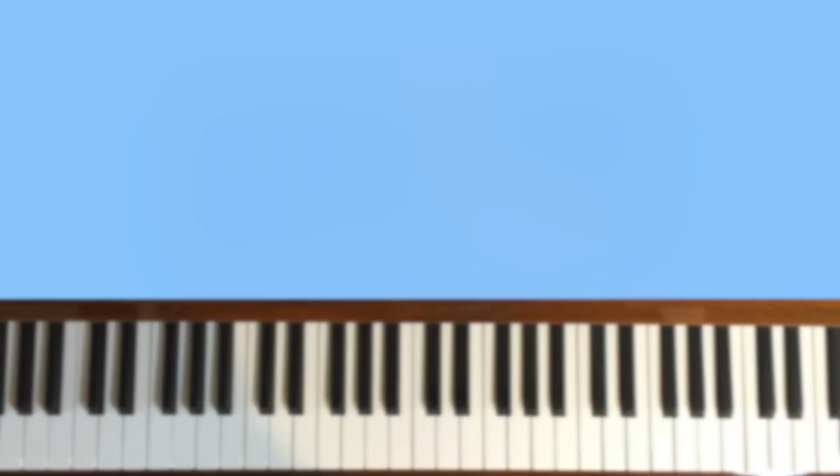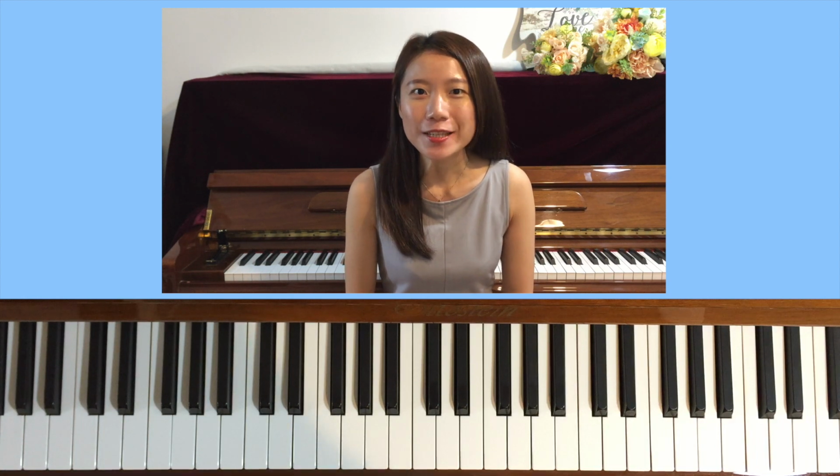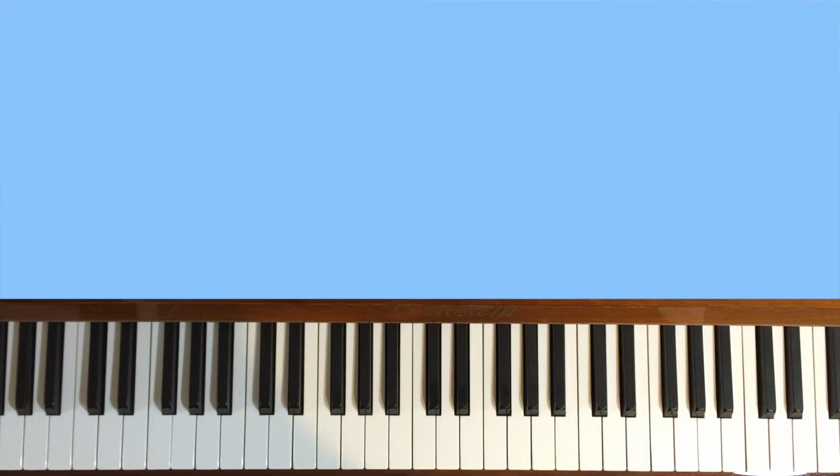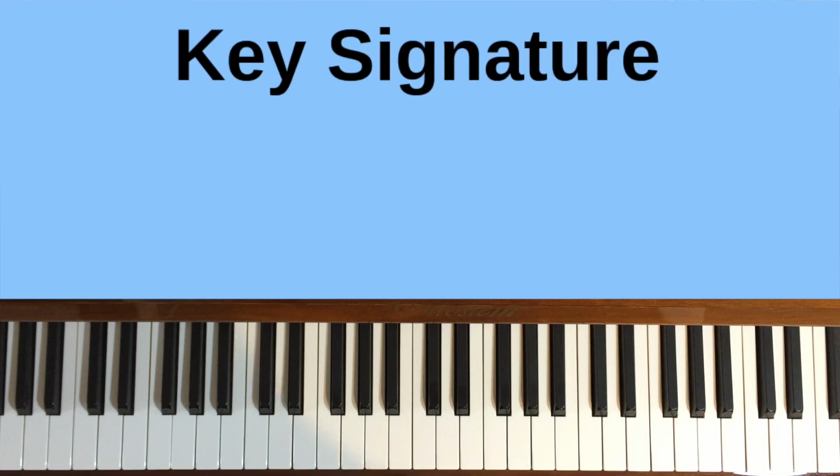Good job! Now, could you answer me immediately what is the other name of F sharp? Yes, it's G flat. But some of you may ask, if both names are technically correct, how do we know when to call it F sharp and when to call it G flat? Well, calling it F sharp or G flat is determined by a song's key, or what we call the key signature.